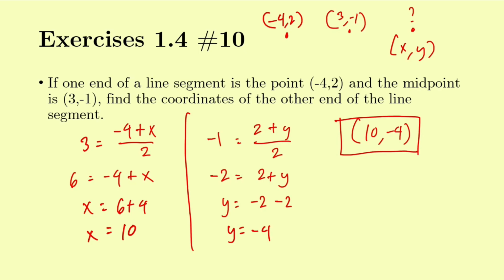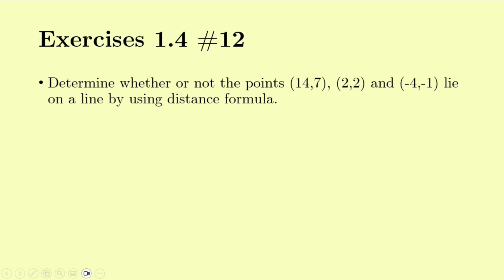This is a very simple problem compared to the others, right? Next, determine whether or not the points (14, 7), (2, 2), and (-4, -1) lie on a line by using the distance formula. You will use the same procedure as earlier, which is to find the distance between each pair that we can form.